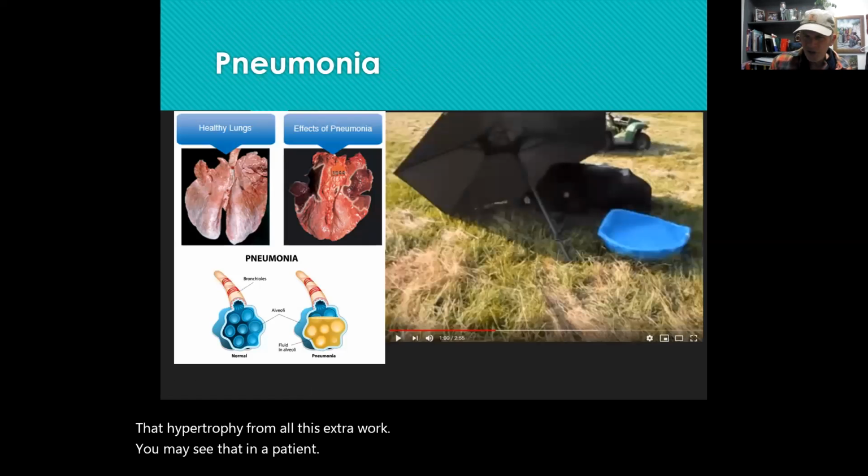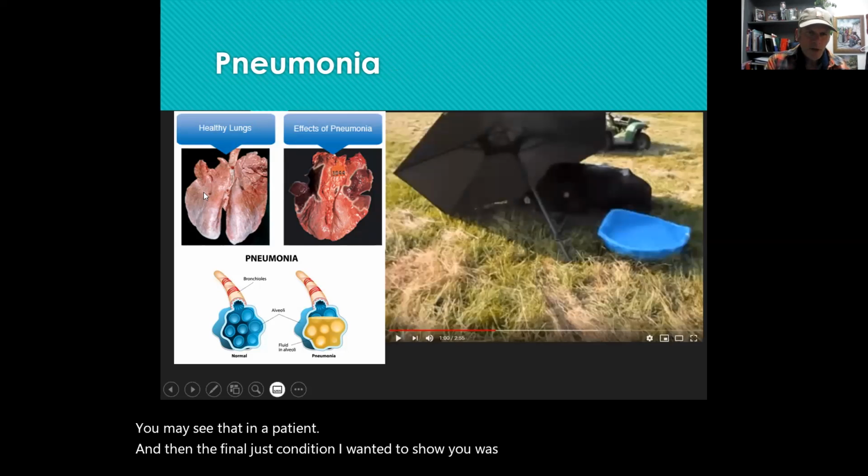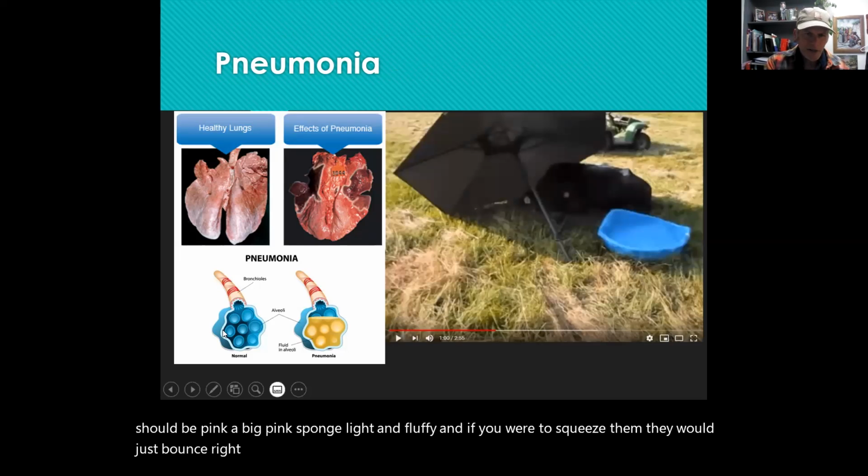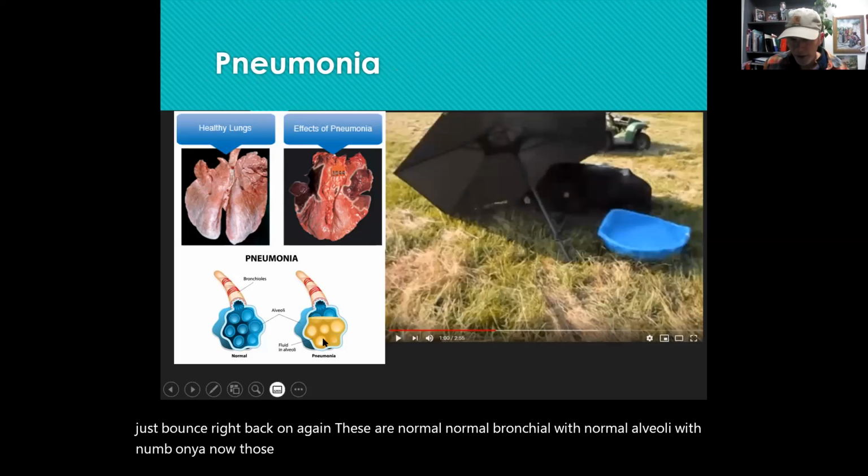And then the final condition I wanted to show you was pneumonia. Again, normal lungs should be pink, like a big pink sponge, light and fluffy. And if you were to squeeze them, they would just bounce right back. And again, these are normal. There's a normal bronchiole with normal alveoli. With pneumonia, now those alveoli are filling up with fluid.